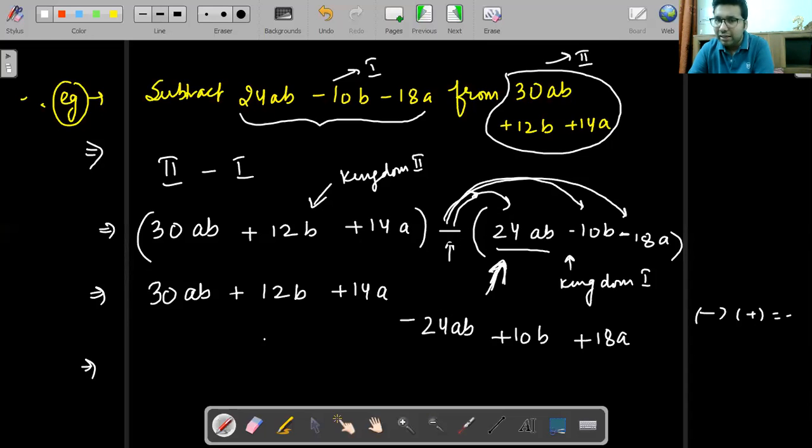It becomes minus 24ab. It becomes plus 10b. It becomes plus 18a. Did you understand now? If outside the bracket there is a negative sign getting multiplied, you just have to change all the signs inside.